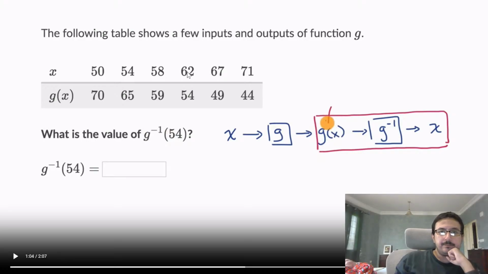So g inverse of 54. I don't see 62 here. g of 54 gives me, okay, g inverse 54. I guess here, 65.